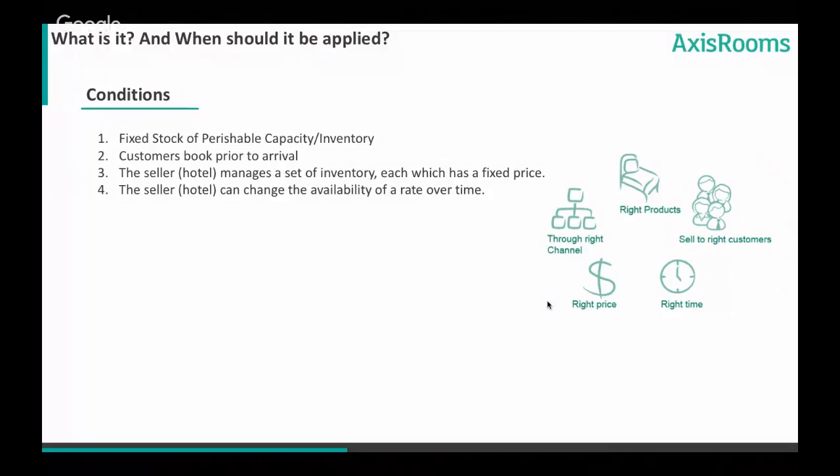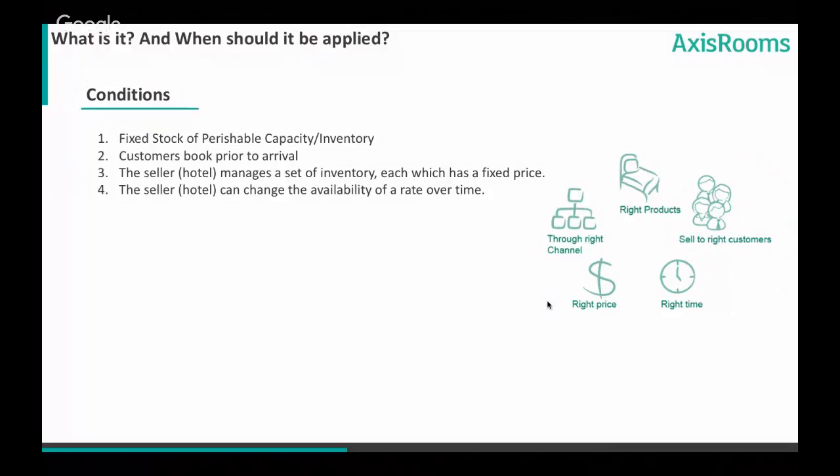The right product, in a hotel's case, could be the right room type. If your hotel has a restaurant, then it could be the right seating area. Then you sell to the right customer. Hotels have business guests, leisure guests, group guests, wholesale guests. You have a number of different guests. So it's about selling that right product, that right room type, to that right customer.